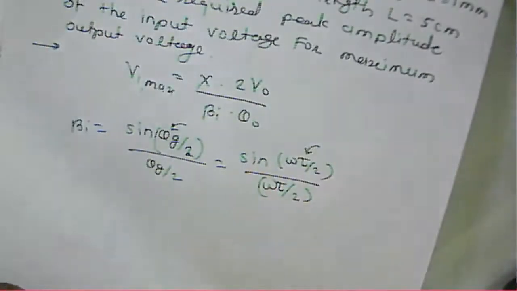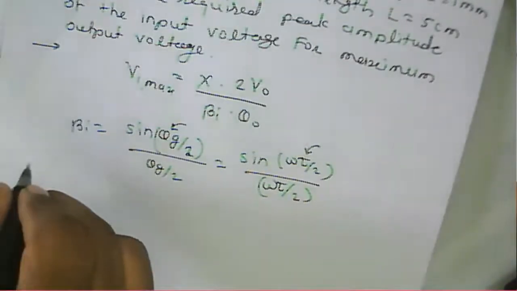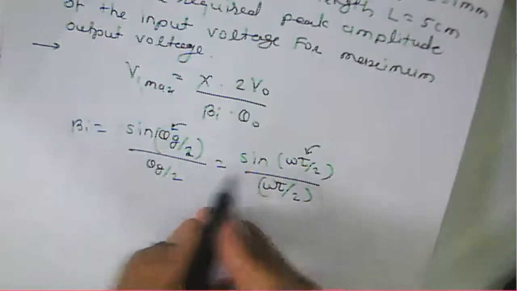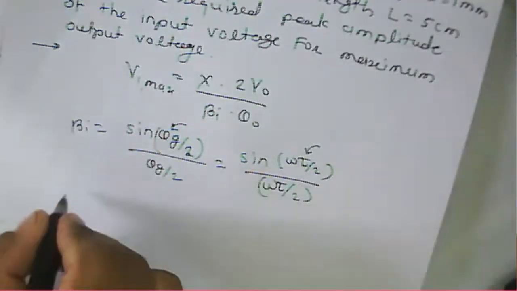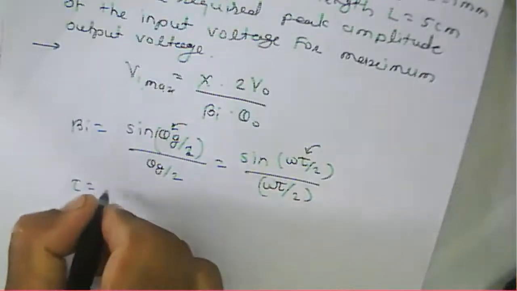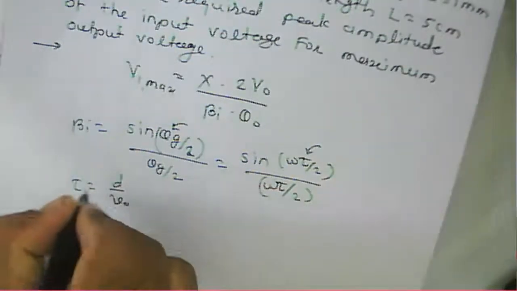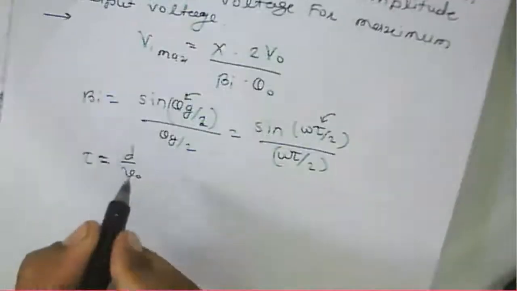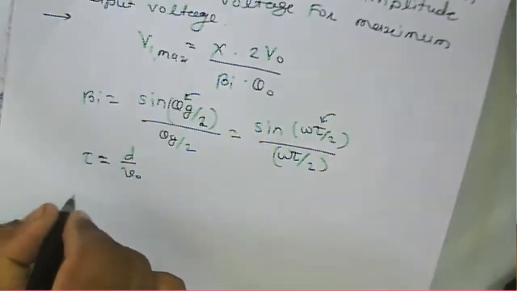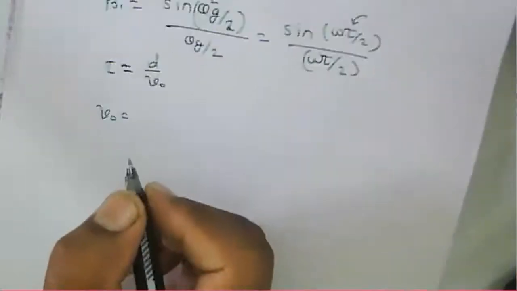To obtain this, we first consider what tau will be. Tau is nothing but d by v0, where v0 is the electron velocity. So we need to first obtain the electron velocity.